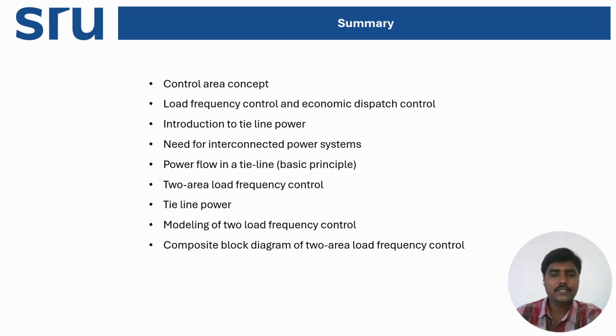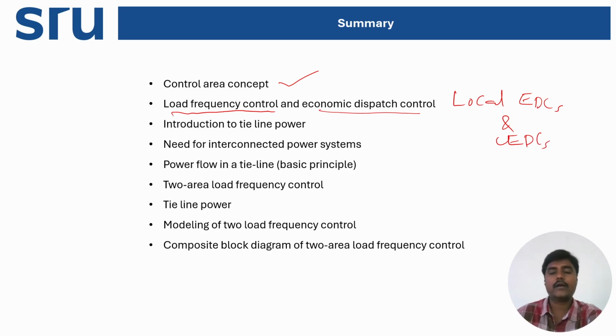This lecture can be summarized as follows. We have understood the control area concept, and then we have discussed how two independent controllers, that is load frequency control and economic dispatch control, can be made possible by having local EDCs and central EDCs, that is the central economic dispatch center or controllers.